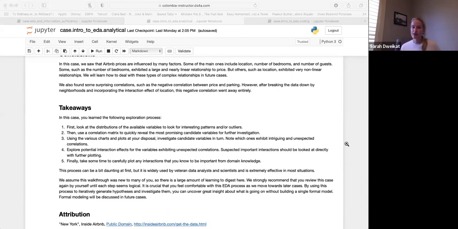Yeah, there are some questions about what you could do to predict things. You will get into regression in the future. Things like a logistic regression might have been better to predict parking. You'll get into things that are better at predicting.